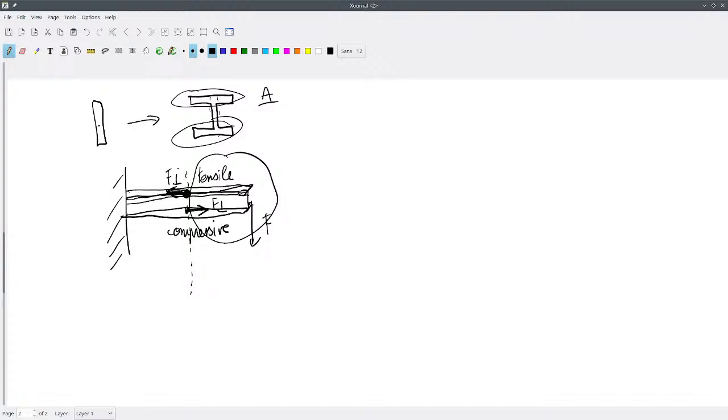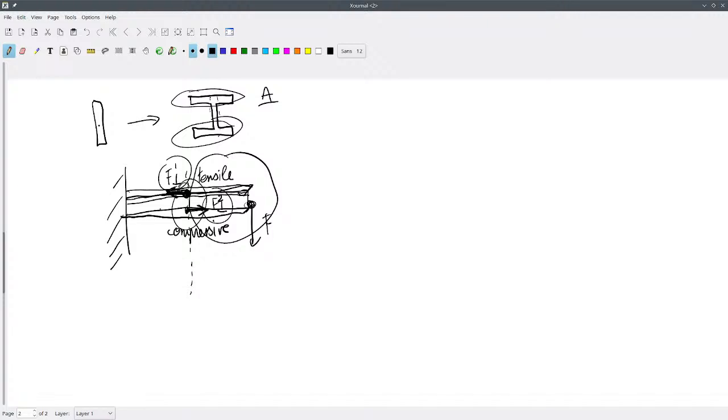I'm going to make this F1, and this is F2. And those F1 and F2, going back to what we talked about last week, will build a torque that counteracts the torque of this force around some pivot point, which we could pick, of course, anywhere, and that will make sure that this I-beam remains in static equilibrium.